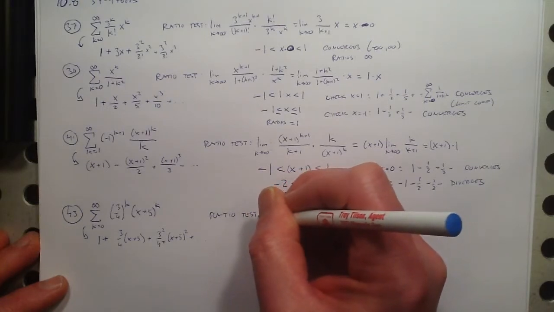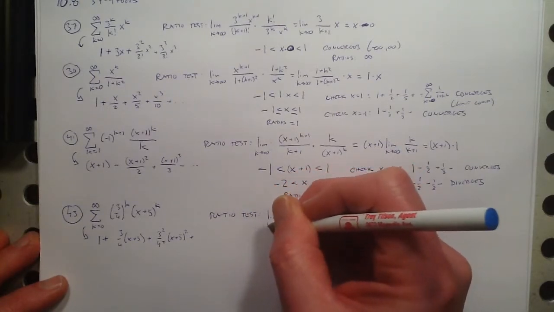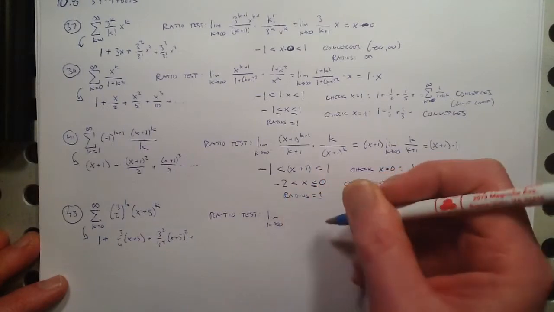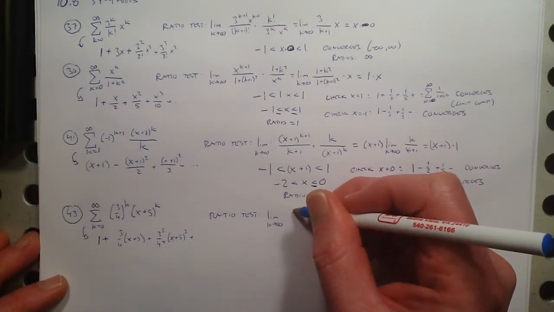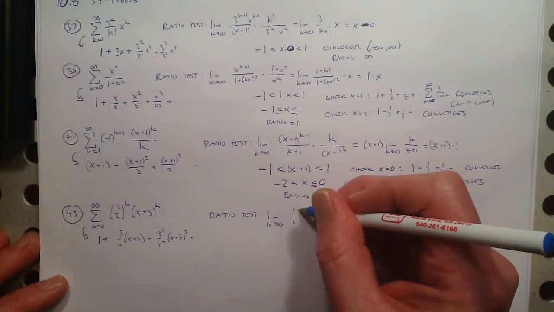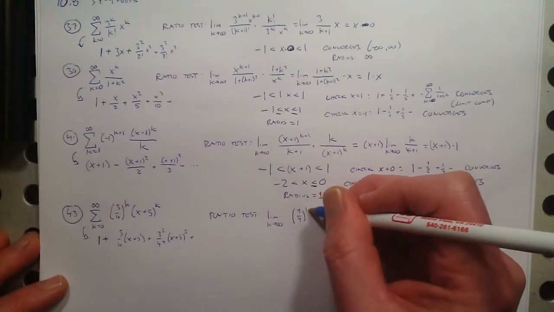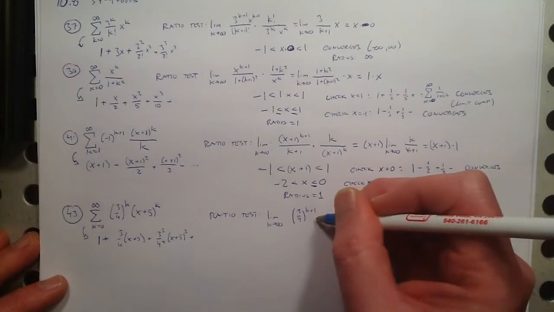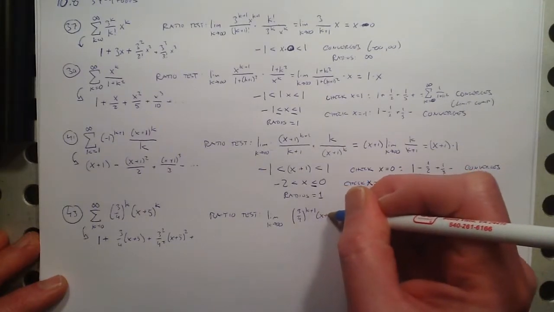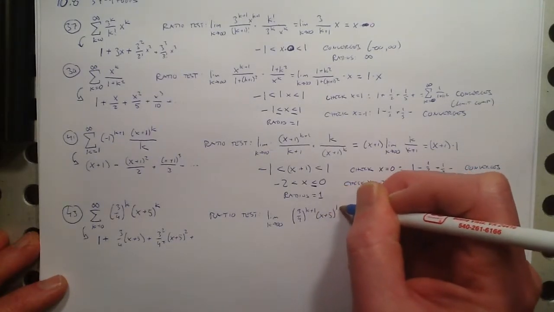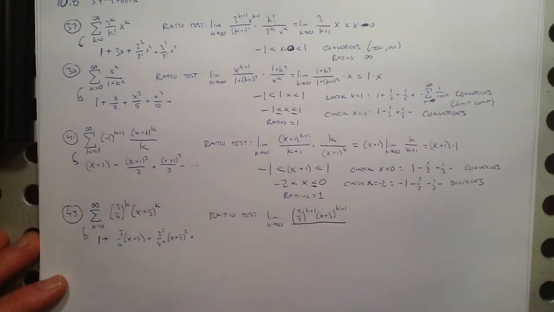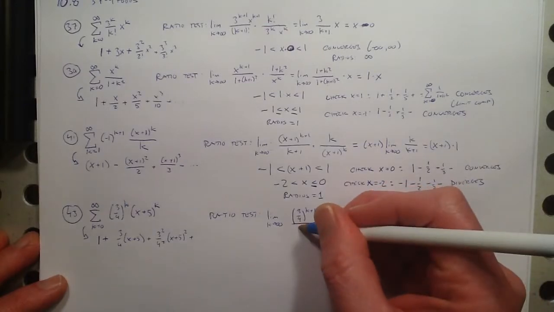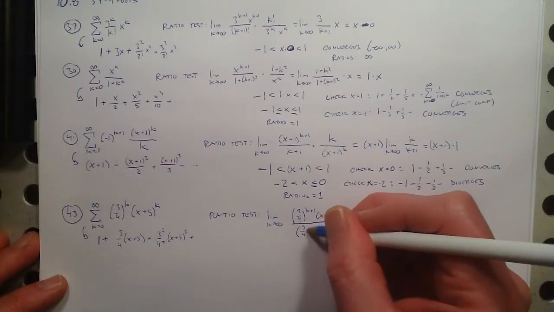Ratio test. What's the limit as k approaches infinity of 3/4 to the k plus 1 times x plus 5 to the k plus 1? And since this one doesn't really have a denominator, it's not quite structured like the other one, I'm just going to divide by the next term.